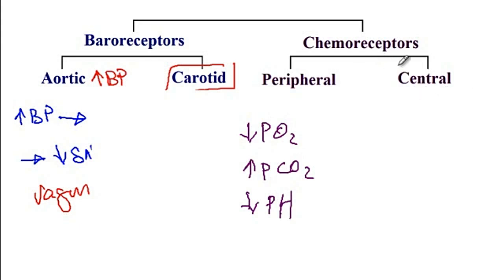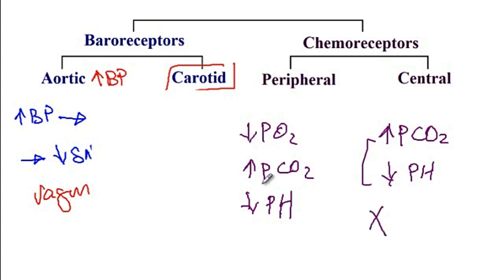Versus central chemoreceptors, which only respond to high PCO2 or low pH. Of course these two are connected, but central chemoreceptors do not respond to changes in the partial pressure of oxygen. So partial pressure of oxygen does not stimulate the central chemoreceptors, while partial pressure of CO2 or pH are the only factors that can affect them.